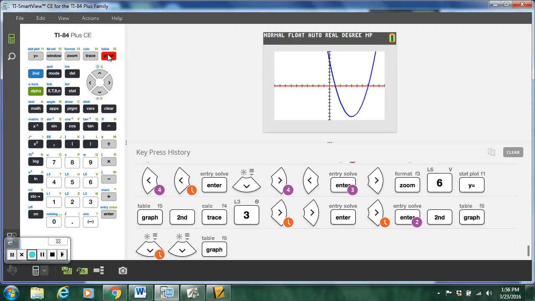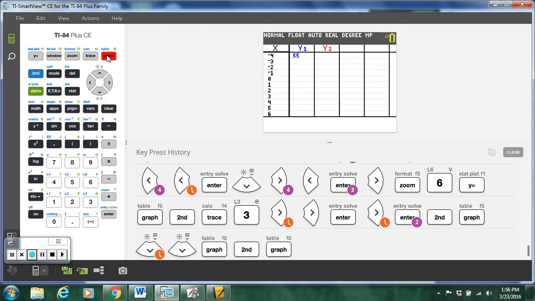It looks like it crosses the x at 1 and at 7. And it looks like 1 and 7, but if we go to our table and it's a whole number, we will see zeros. We're looking for where y is 0, because y is 0 on the x-axis, so there's 1, 0, and there's 7, 0. So there's your x-intercepts given to you right there in the table.